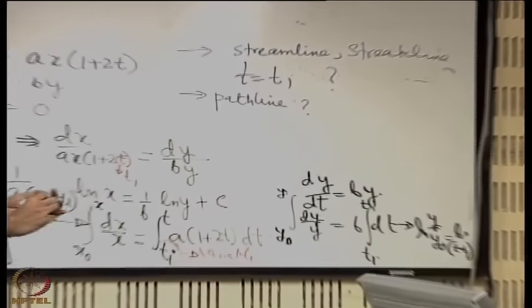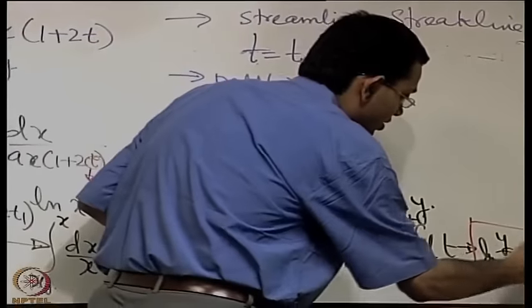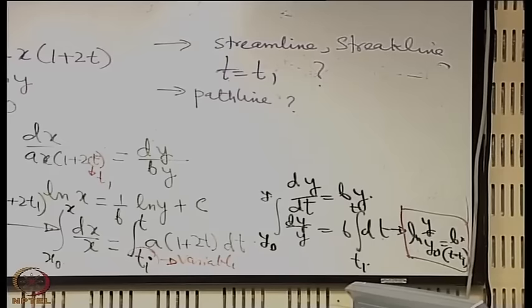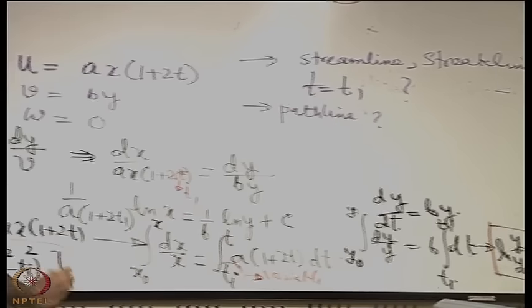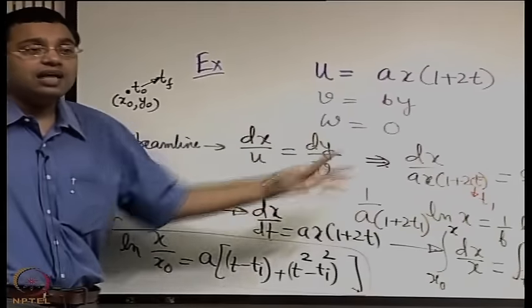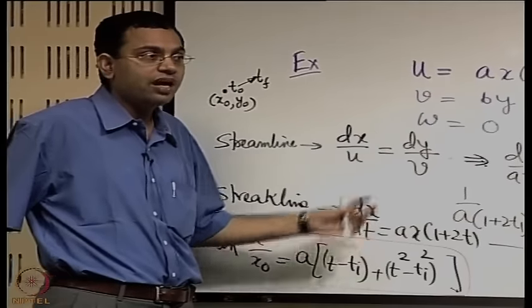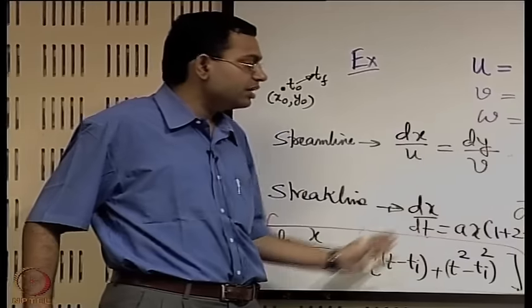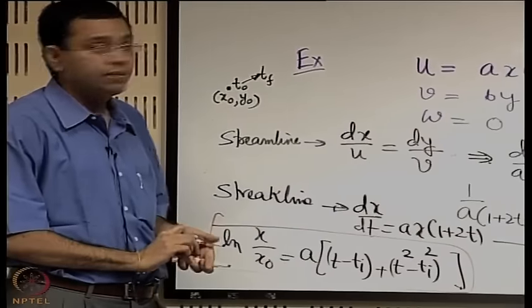So you have an expression here which involves ti, you have another expression here which involves ti, and you can eliminate ti from these two to find the relationship between x and y.